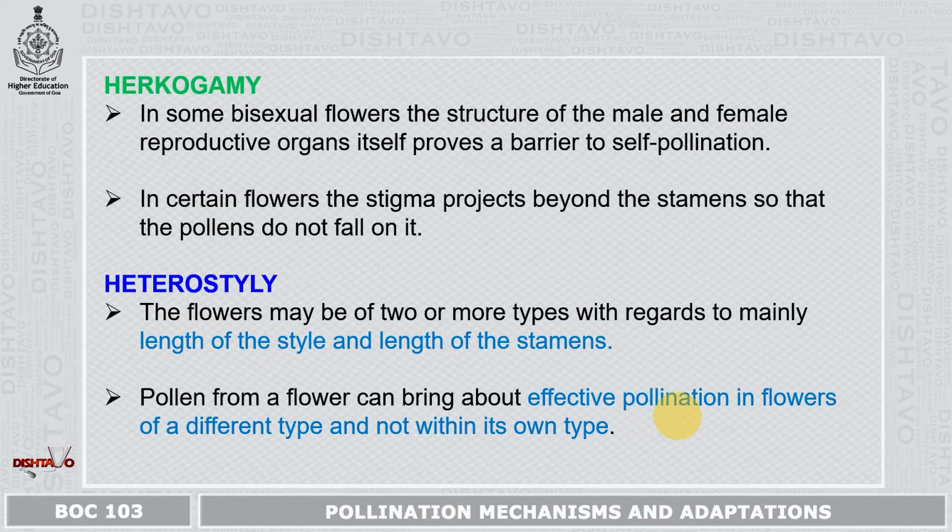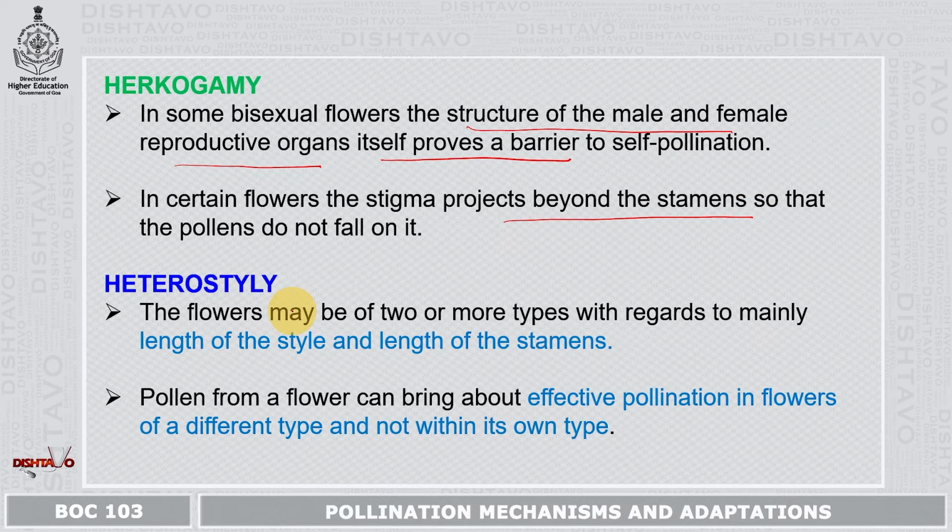Now we will look at hercogamy. In some bisexual flowers, the structure of the male and female reproductive organs itself proves a barrier to self-pollination. So the structure is such that it is preventing self-pollination. In certain flowers, the stigma projects beyond the stamen so that the pollens do not fall on it.